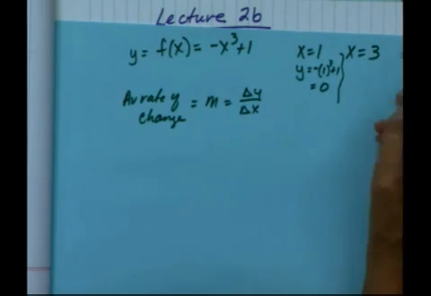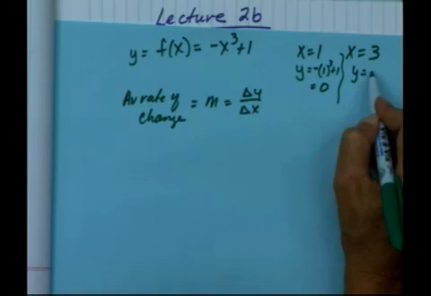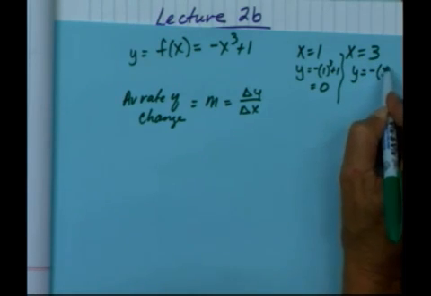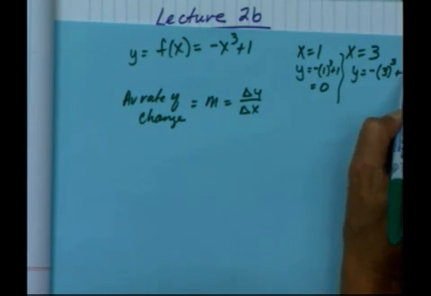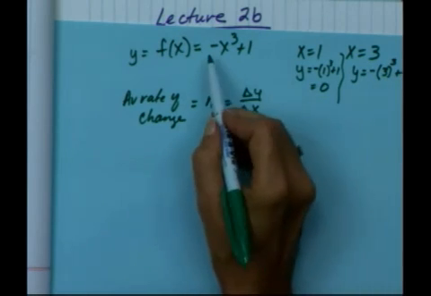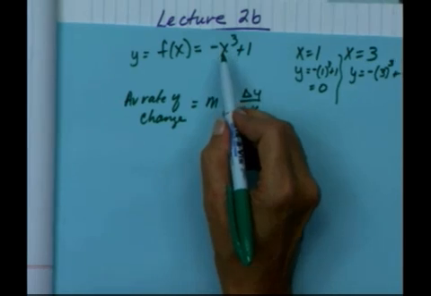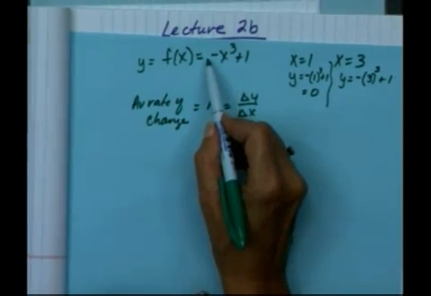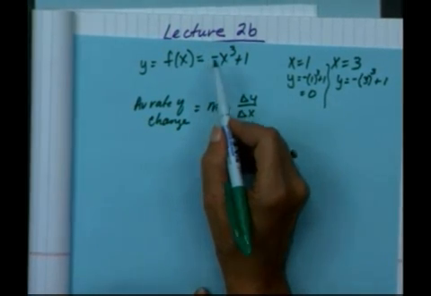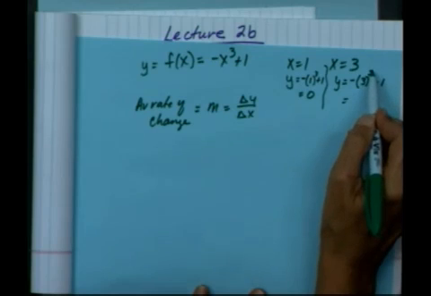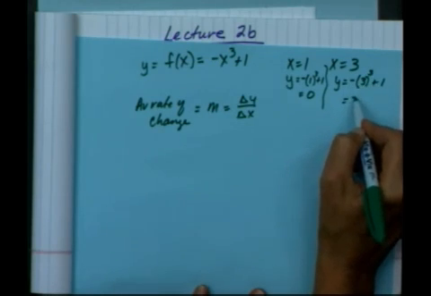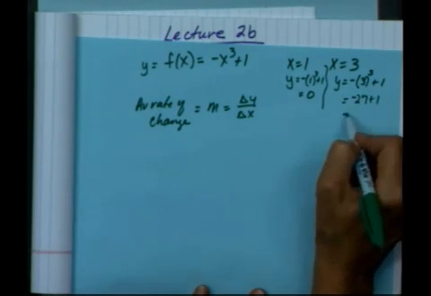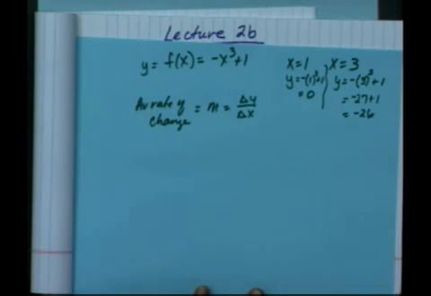Okay, when x is equal to 3, we have y equals minus, and then you're going to cube your 3 and add 1. Remember, minus in front of the x cubed. Without parentheses, the x is cubed and then the minus. Some people miss that on tests. Okay, 3 cubed is 27, and then we got a minus 27. Plus 1, and we got negative 26.